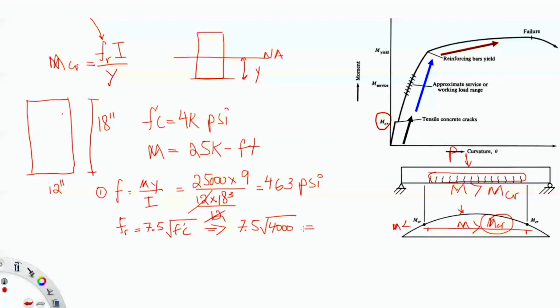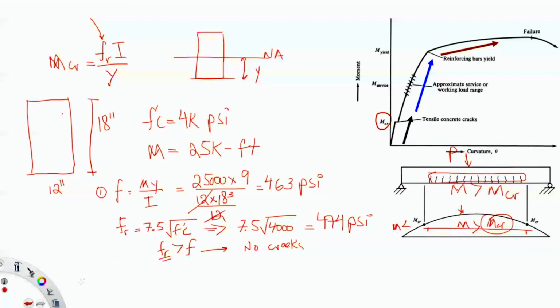If you do the math, it's 474 psi. Since f rupture, or the modulus of rupture, is greater than the stress exerted by the load, this indicates no cracks, because the load didn't even reach the tension capacity of the beam.